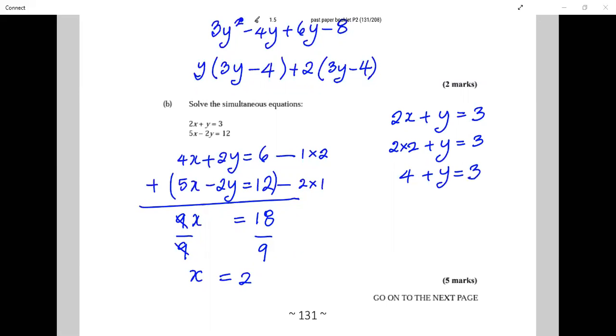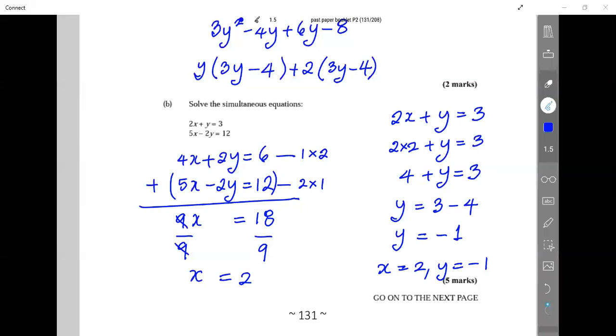Positive 4 goes over and becomes negative, so I'm getting y is equal to 3 minus 4. Y is equal to minus 1. So x is equal to 2 and y is equal to minus 1 are the solution of the simultaneous equations.